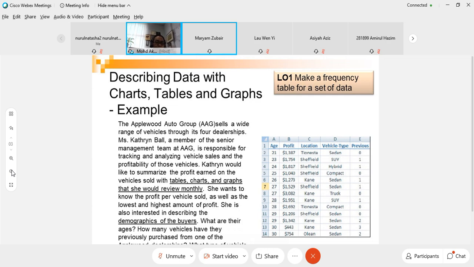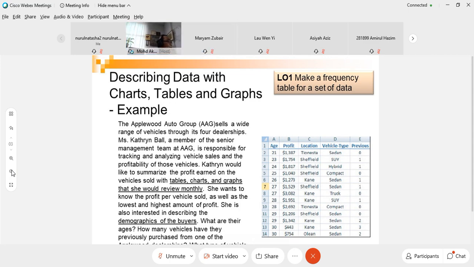Catherine would like to summarize the profit earned on the vehicles sold with the tables, charts and graphs that she would review monthly. And she wants to know the profit per vehicle sold, as well as the lowest and highest amount of profit. She is also interested in describing the demographic of buyers. What are their ages? How many vehicles have they previously purchased from one of the Applewood dealerships? What type of vehicle did they purchase? Partial data for 180 customers are shown on the table.